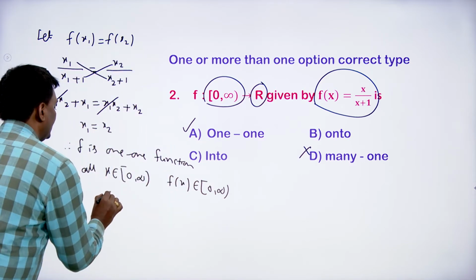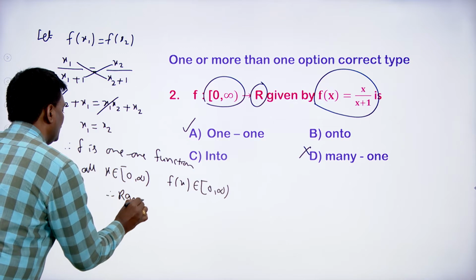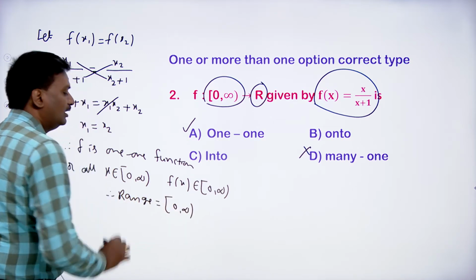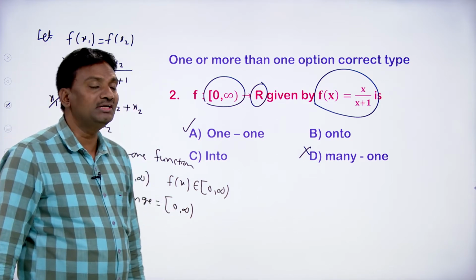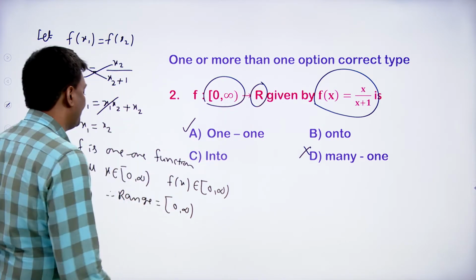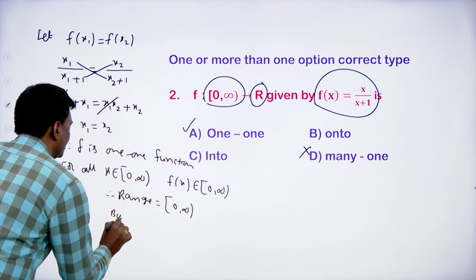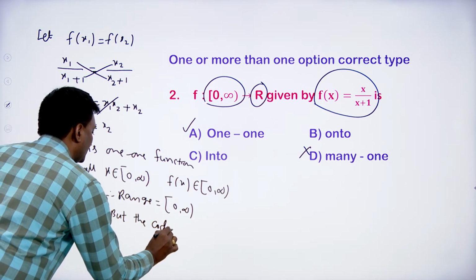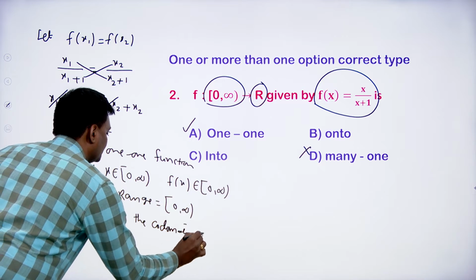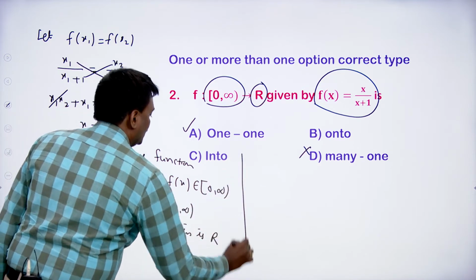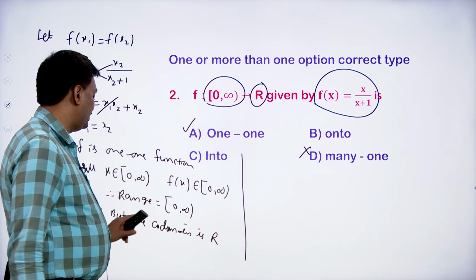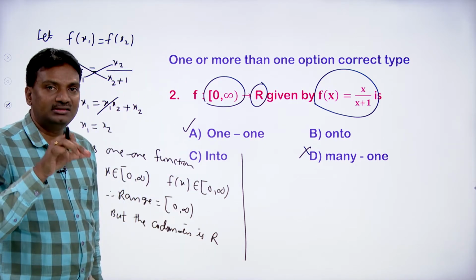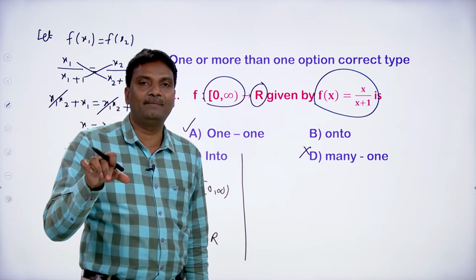So therefore range equals 0, infinity. But according to the problem, the codomain is R. So where the range equals 0, infinity and codomain is R, 0, infinity means in this interval we have only positive real numbers including 0.